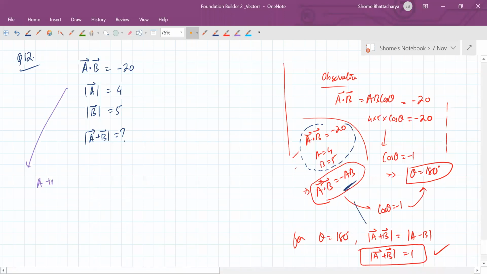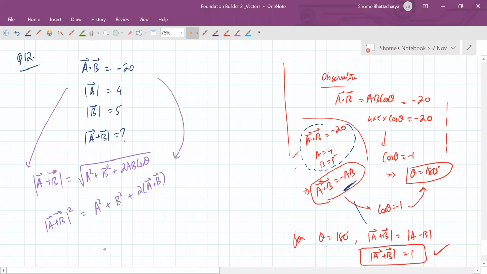that A plus B's magnitude, if you just square both sides, is A square plus B square plus 2 times A dot B. Now you can just substitute all that over.